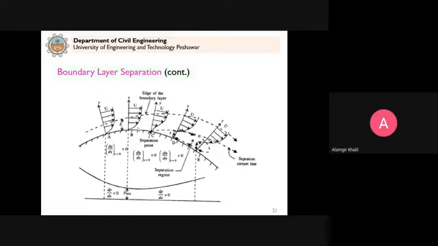You can see here, before I explain this figure, the effect of shape on boundary layer separation. In this case the flow occurs, but the shape is very similar to that of a flat plate that we studied earlier. So you see there is no separation on the top surface as well as at the bottom surface.